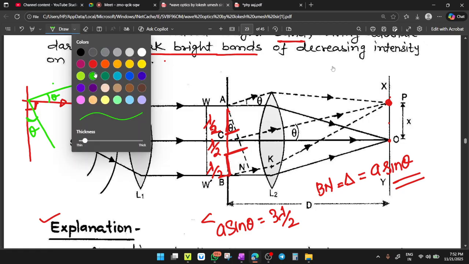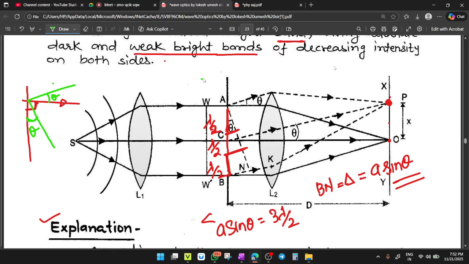Now check the wavelets from here to here: the total path difference equals lambda, yes or no? Because lambda by 2 plus lambda by 2 equals lambda. So the wavelets from here to here will have a path difference of lambda. They will interfere constructively and form a bright fringe. Yes or no?